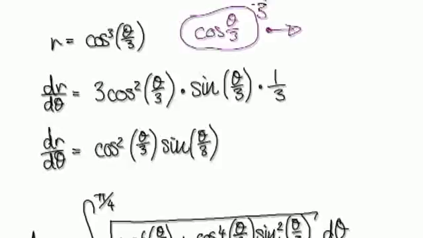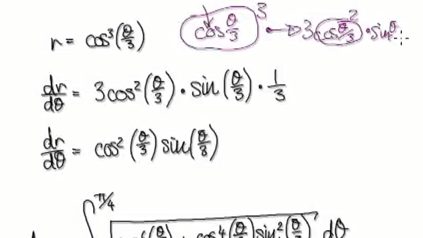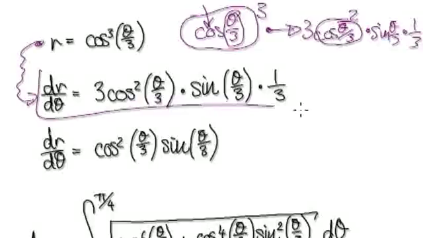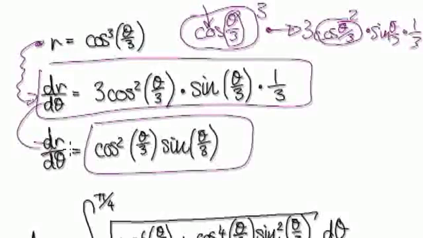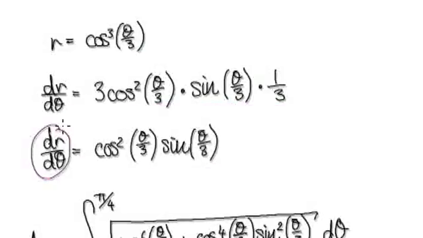So when you differentiate it, the 3 goes down here, and then the bubble stays intact, cos theta over 3. The power gets minus 1, and then you've got to multiply by the derivative of the bubble itself, which would be sine theta over 3. But then you've got to multiply by this inner bubble here, so that would be 1 over 3. Differentiate it, and tidy this up, and it will give you this. So now we've got dr by d theta.